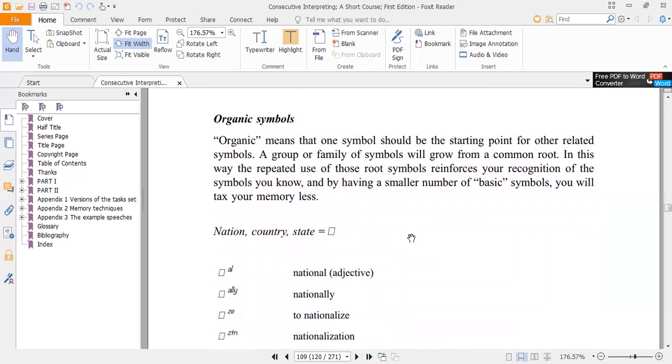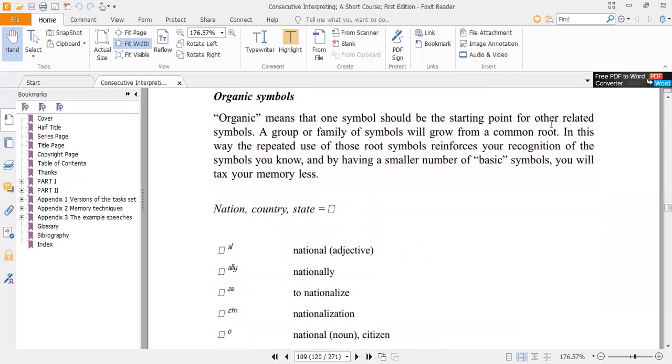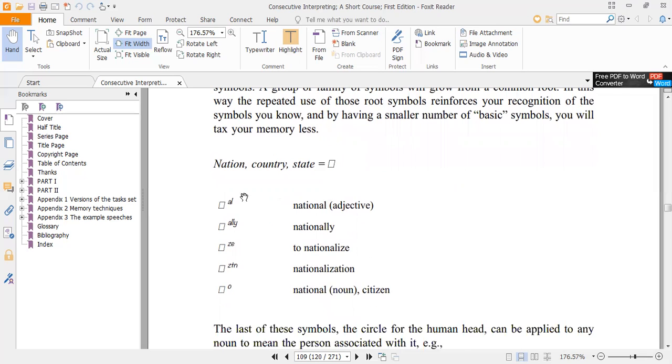Okay, now organic symbols. Actually, organic symbols means that one symbol should be the starting point for other related symbols. For example, we have nation, nationality, nationalize, nationalization.